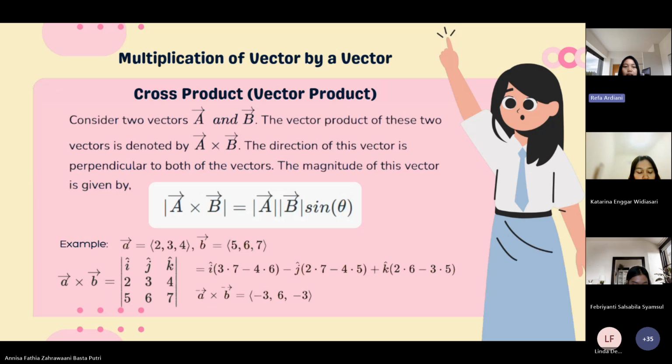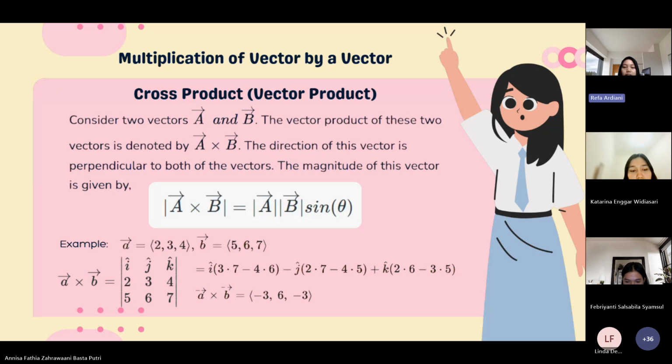The second row contains the components of vector A, and the third row contains the components of vector B. First, calculate the i component. 3 times 7 equals 21, 4 times 6 equals 24. 21 minus 24 equals negative 3. So the i component is negative 3.